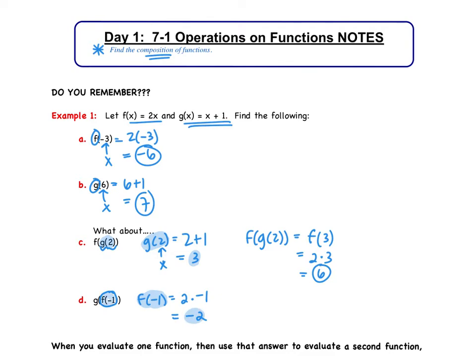So this f of negative 1, I'm going to replace with negative 2. So g of f of negative 1, like we said, f of negative 1 is just negative 2. So really, that's the same as finding g of negative 2. If I plug negative 2 in for x into function g, I end up with an answer of negative 1.